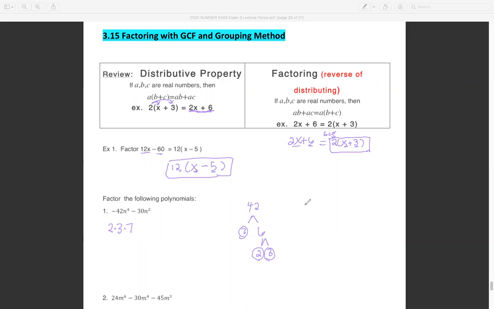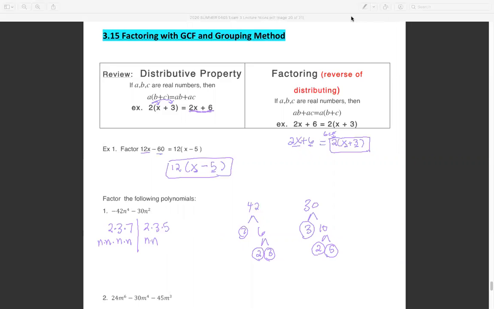And then 30 is just 3 times 10, and then 10 is 2 times 5. So then, let's put a little bar separating these, we'll have 2 times 3 times 5. And then for the n's, we have 4 n's here, and then we have 2 n's there.